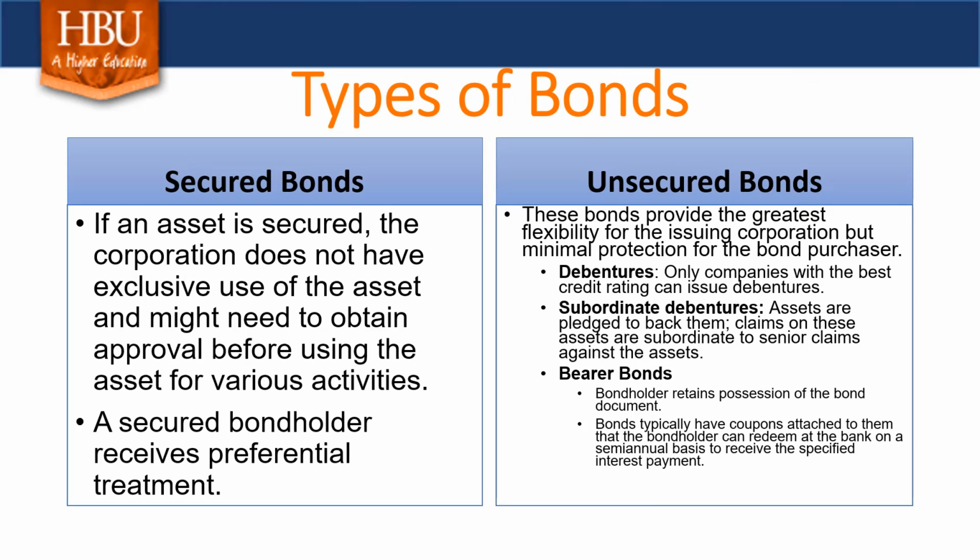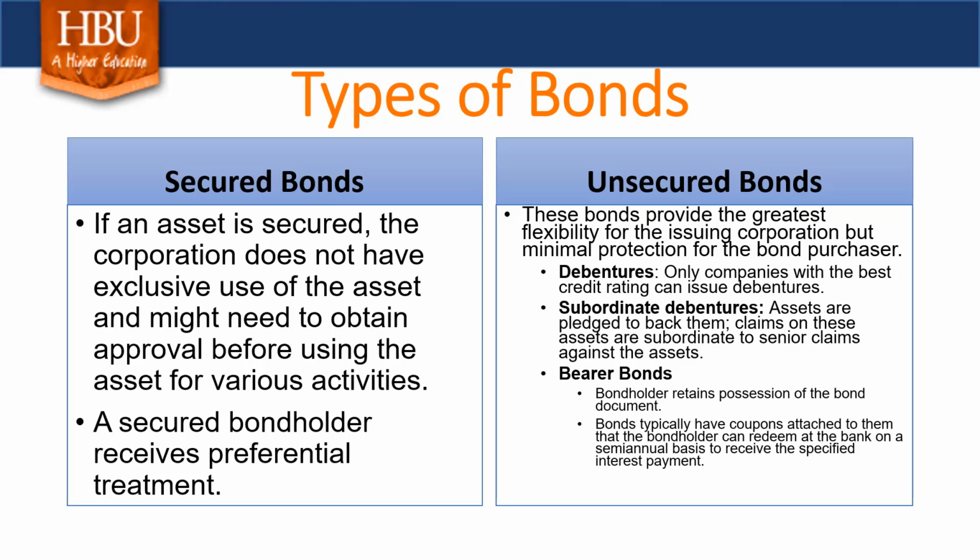So two types of bonds we have right here, secured bonds and unsecured bonds. First, if an asset is secured, the corporation does not have exclusive use of the asset and might need to obtain approval before using the asset for various activities. Also, a secured bondholder receives preferential treatment. That's our discussion of secured bonds. What is an unsecured bond?